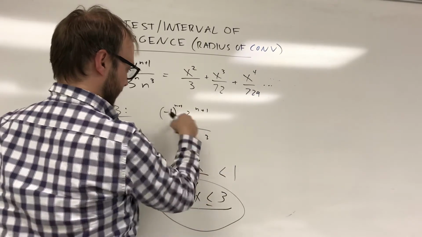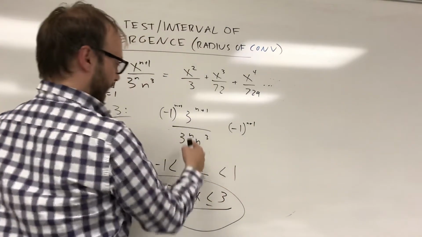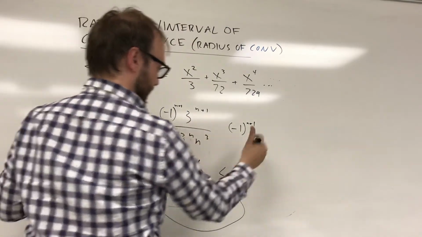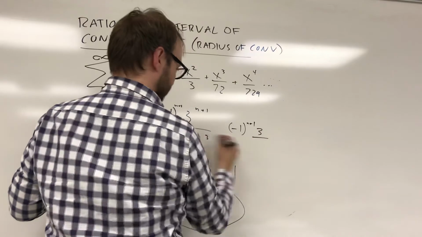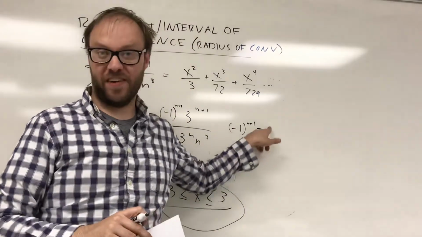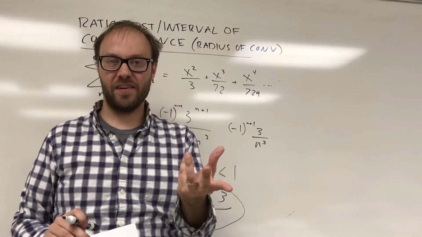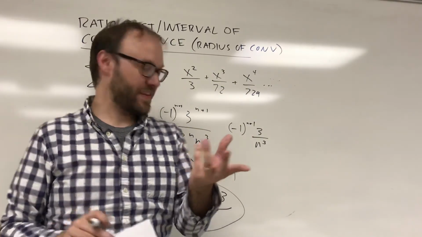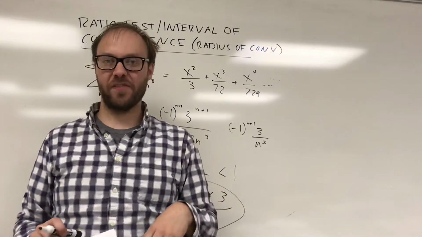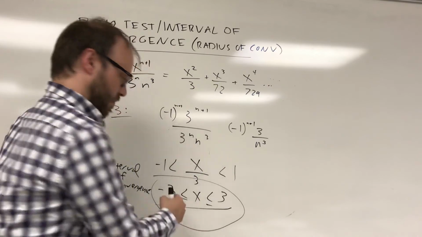And you're going to see the same kind of things. You're going to have a -1 to the n plus 1. All of the 3's are going to cancel except for 1. And then you're going to have an n cubed. This is still a p-series, an alternating p-series. If the positive p-series approaches a limit, then the alternating one will definitely approach a limit. So anyway, it's going to be convergent at both of the endpoints as well.